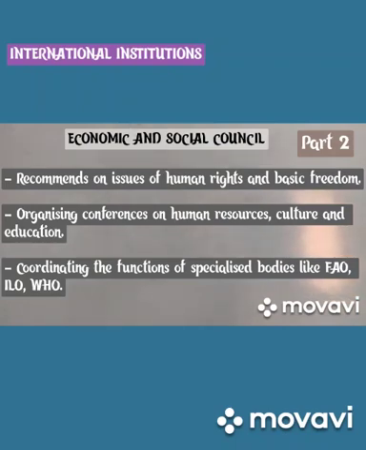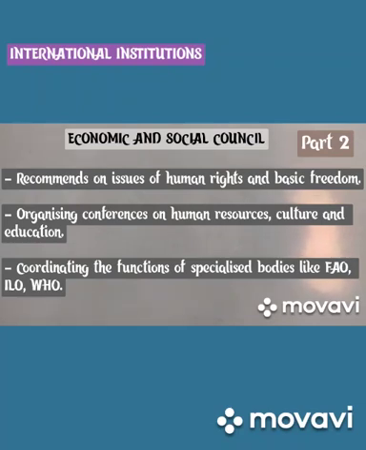They also organize conferences on human resources, culture, education, etc. Some conferences will be arranged by this committee so that it becomes possible to give exposure to people on the above matters.